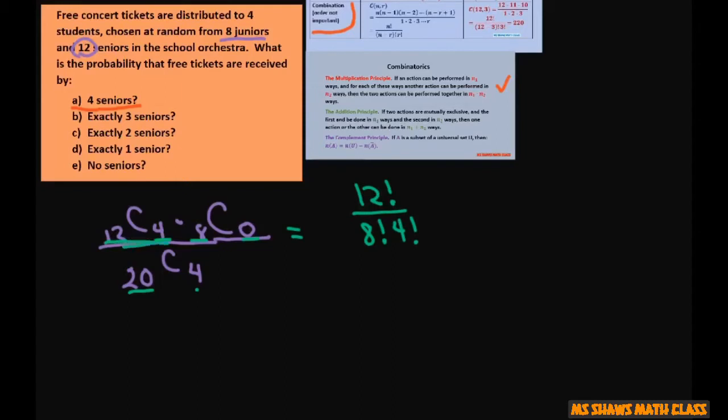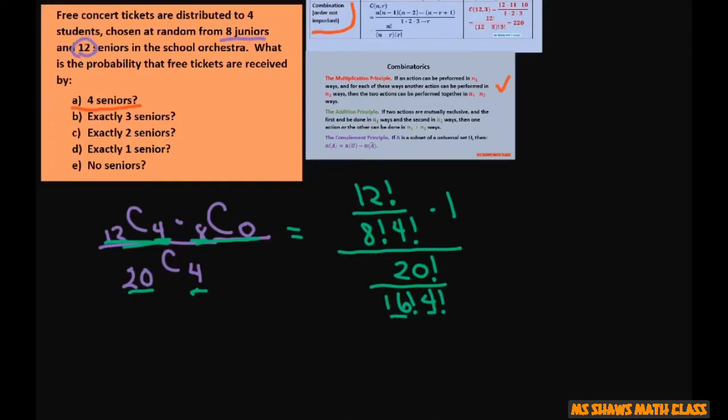That's this one. This one's just 1. And then for the denominator, we're going to get 20 factorial divided by, I always copy this one, and these two numbers should add up to 20.